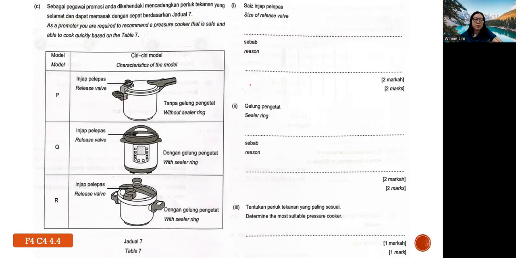So in terms of the release valve, okay, sealing ring, should it be with or without? It must be with, because you want to avoid the pressure escaping when you cook the food.